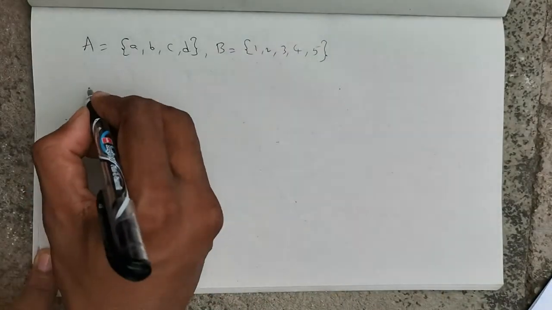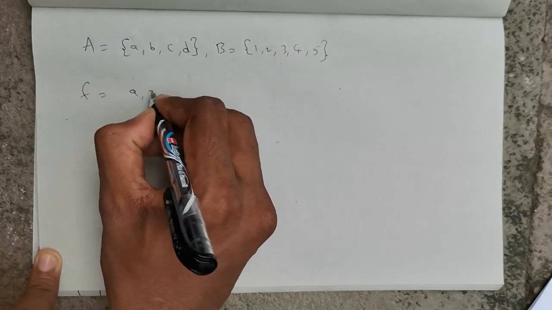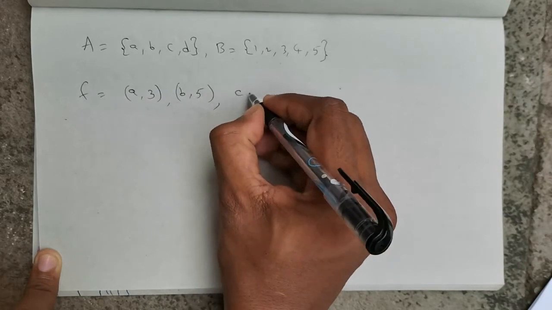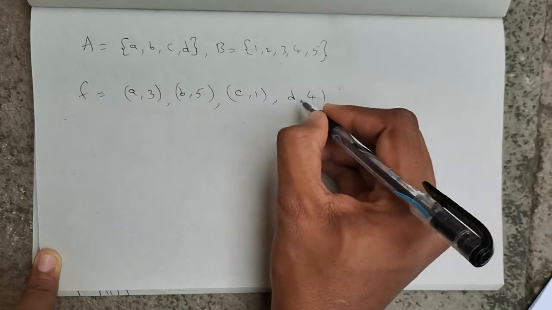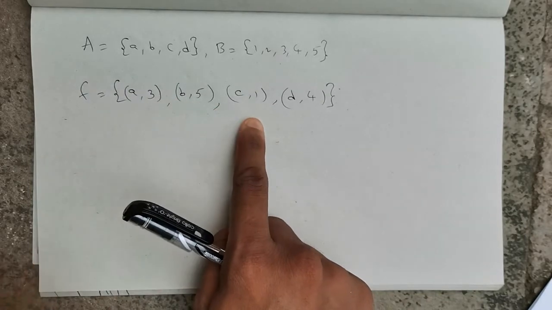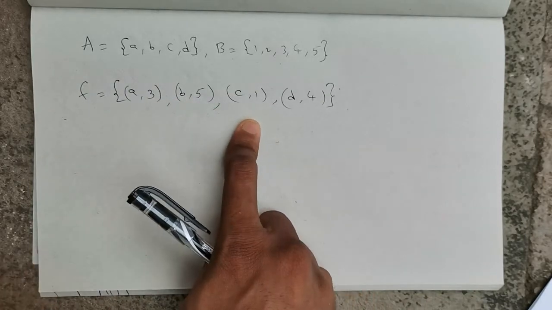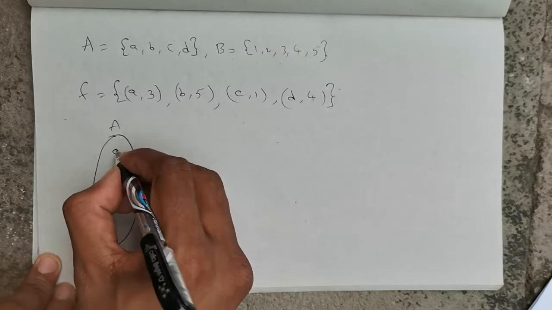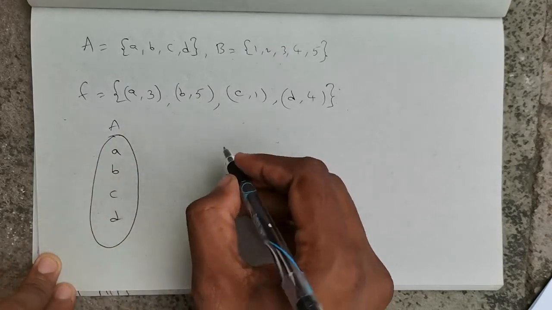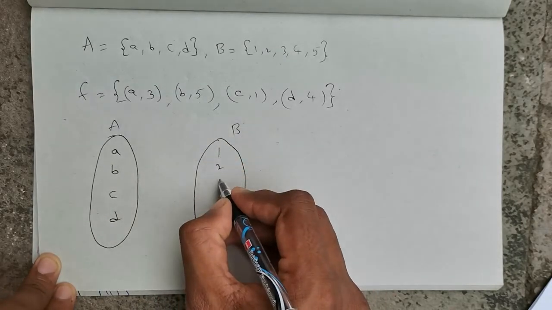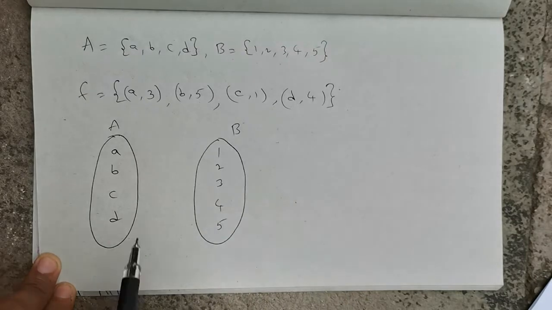And he gave the function as A, 3, B, 5, C, 1, D, 4. Let us check whether it is a 1 function or not. So I am taking the set A, where the elements are A, B, C, D, and set B, the elements are 1, 2, 3, 4, 5.